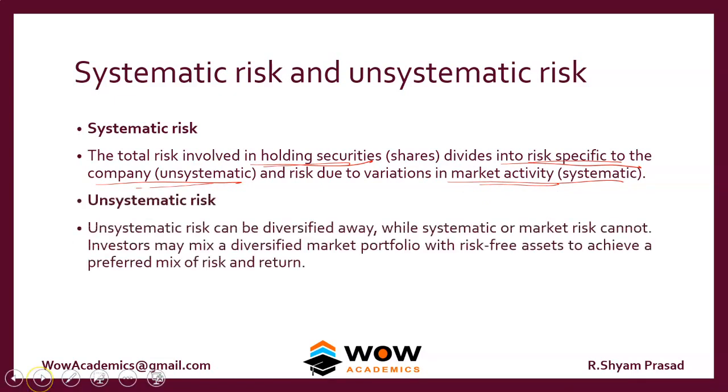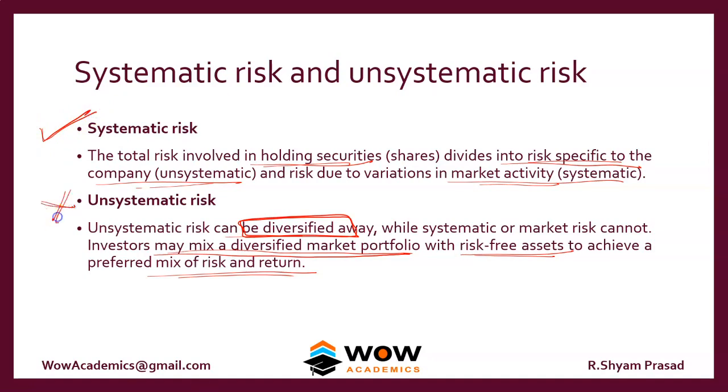Unsystematic risk can be diversified, it can be thrown away. The more companies you have, the more your unsystematic risk gets wiped out. Investors may mix a diversified market portfolio with risk-free assets to achieve a preferred mix of risk and return. In simple terms, systematic risk stays, unsystematic risk can be thrown out.